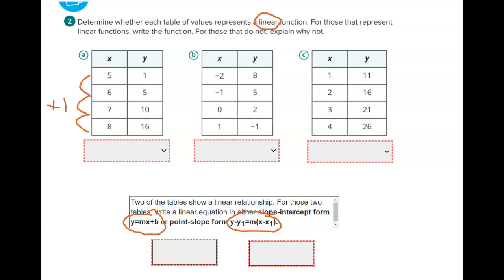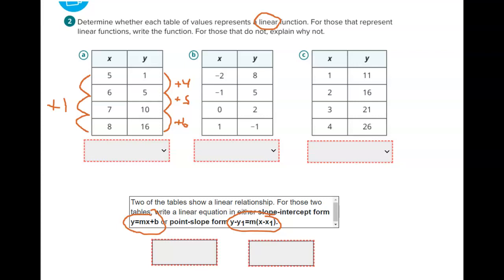And here I notice that it goes plus 4, plus 5, plus 6. So since these are different increases, you decide what your conclusion is. Is this a linear relationship that's shown here or not linear? You decide.